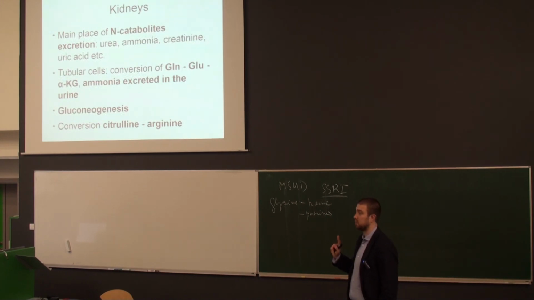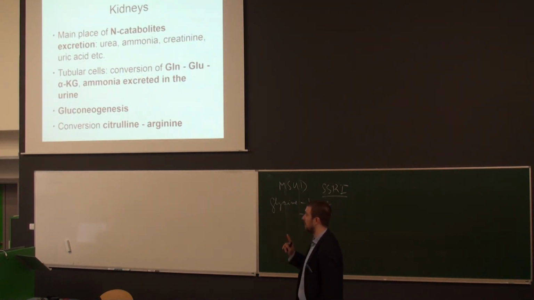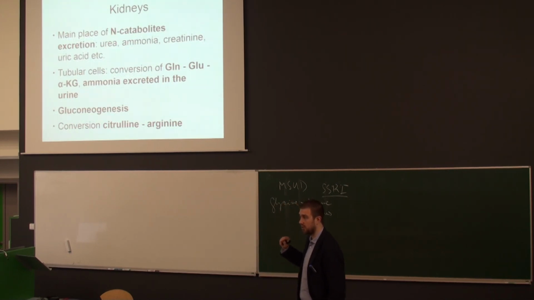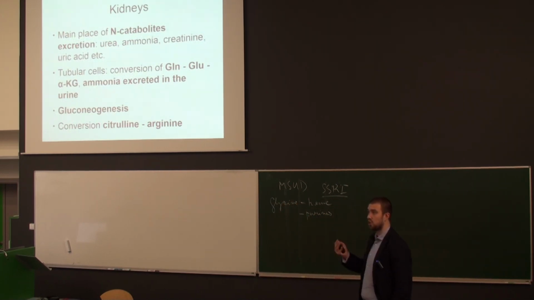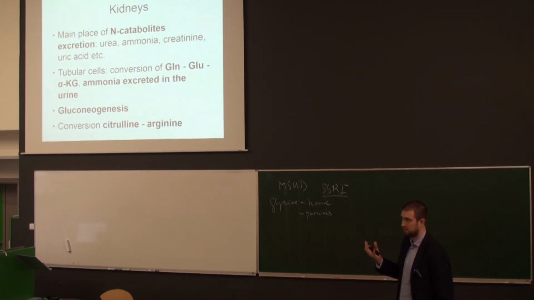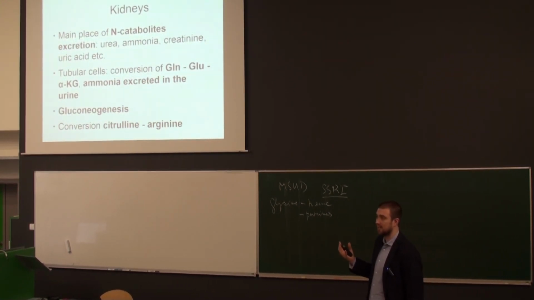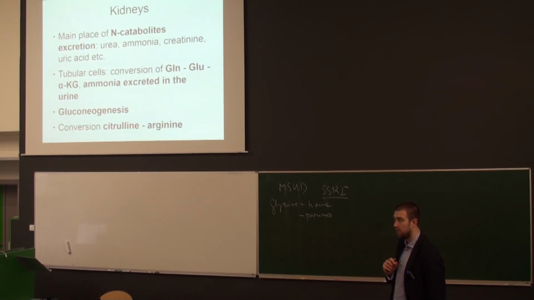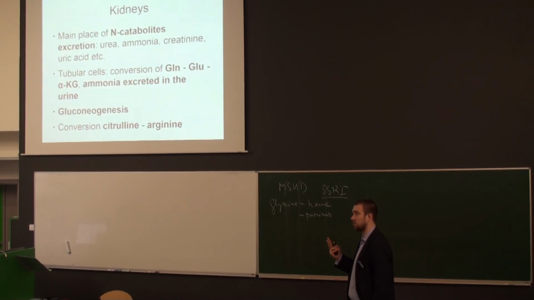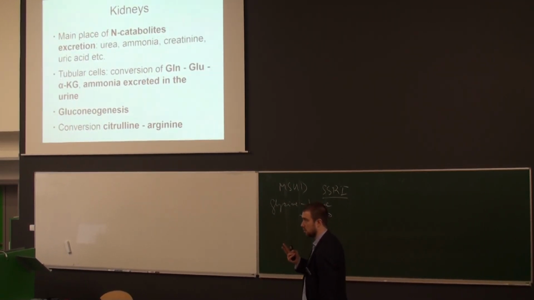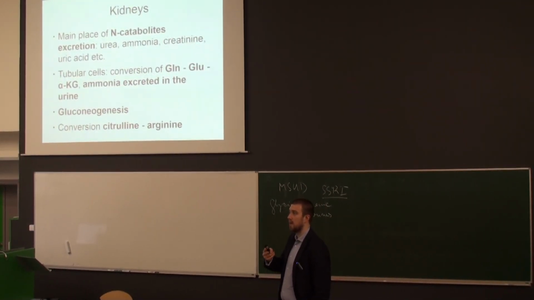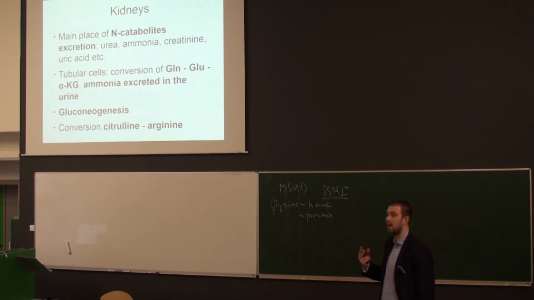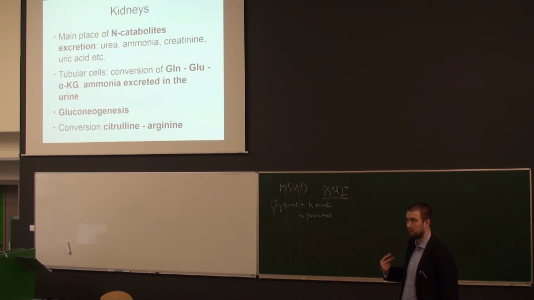This ability to excrete ammonia from amino acids also gives the kidneys the opportunity to generate the carbon skeleton, and this carbon skeleton can subsequently be used in gluconeogenesis. And therefore the kidneys are the second organ in gluconeogenesis, together with the liver and with enterocytes; all three of these tissues are able to get rid of ammonia.